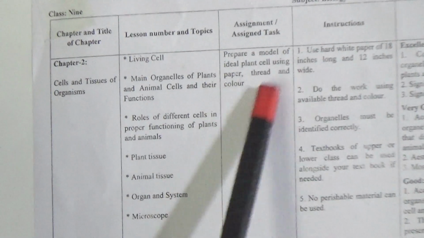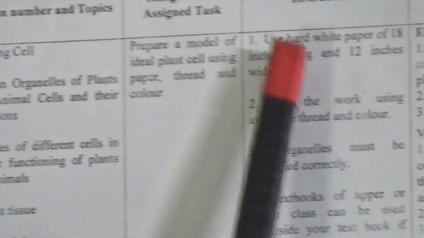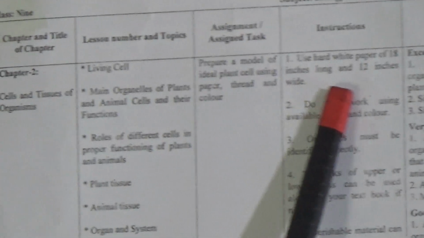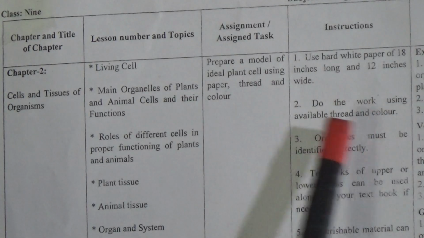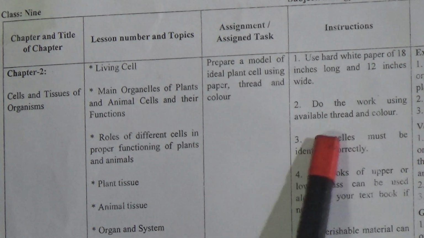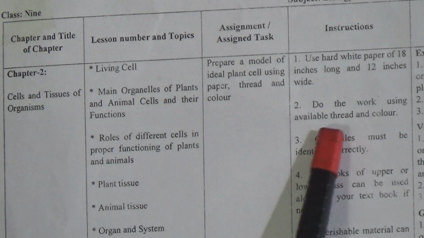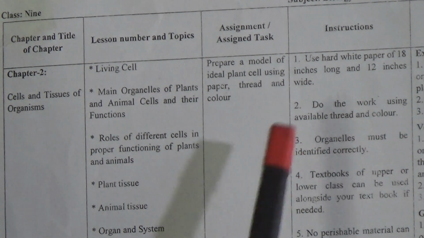Come to the Assignment 2 question. Prepare a model of an ideal plant cell using paper, thread and color. And come to the instructions. Use hard white paper 18 inches long and 12 inches wide, and do the work using available thread and color.